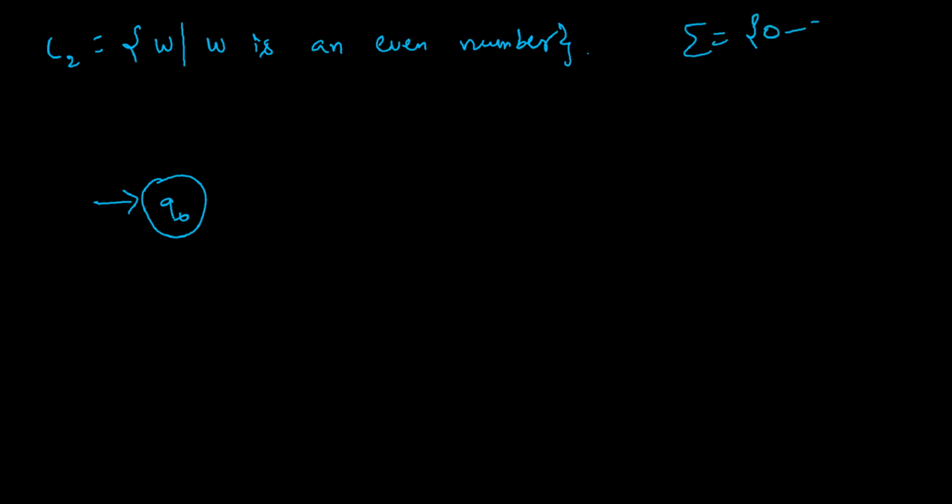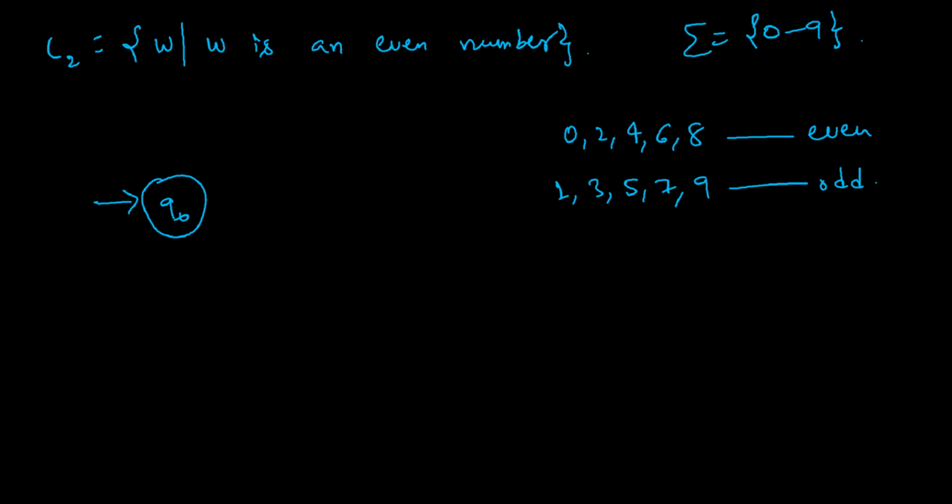Summation is from 0 to 9. 0, 2, 4, 6, 8 are even. 1, 3, 5, 7, 9 will be odd.